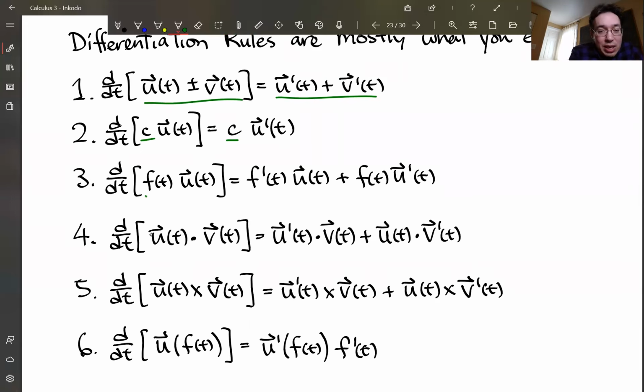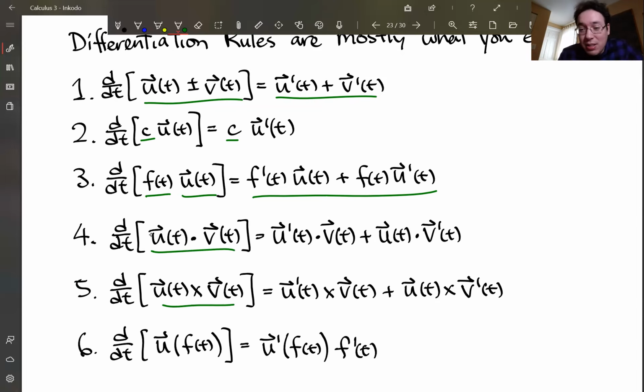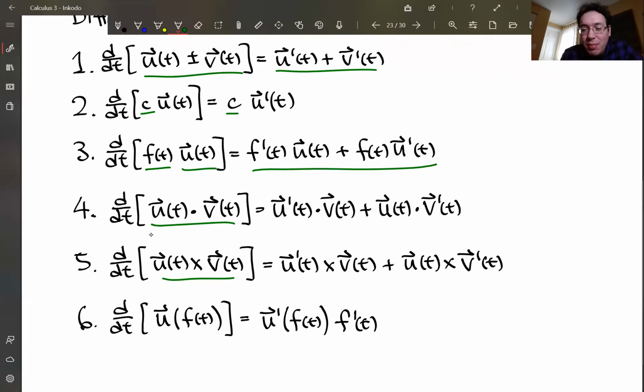If you're doing scalar functions, so this is a regular one-dimensional function times a vector function, then the product rule pretty much follows the way you expect. It's the same thing with the dot product and the same thing with the cross product. So the product rule in all three different contexts works exactly the way you expect.